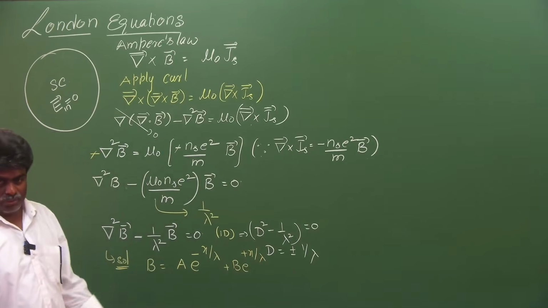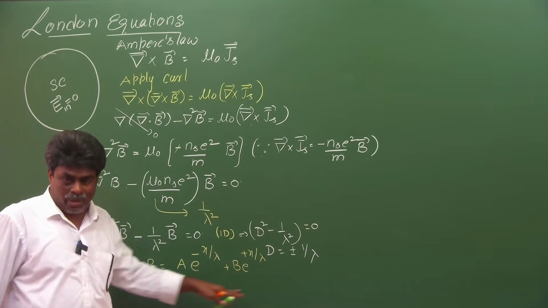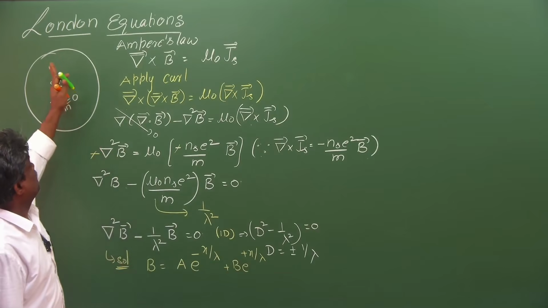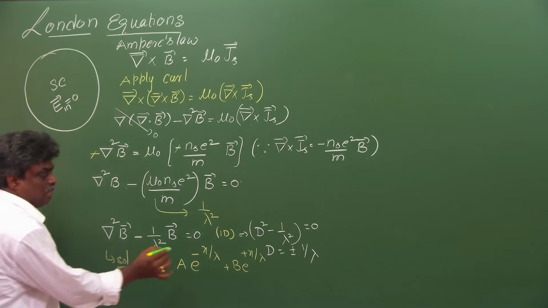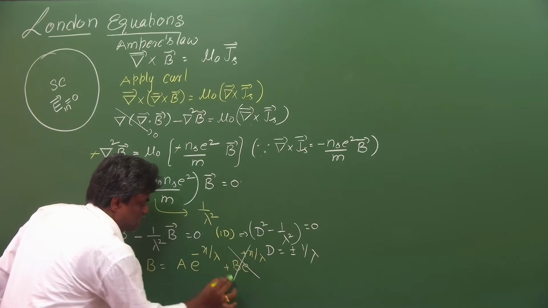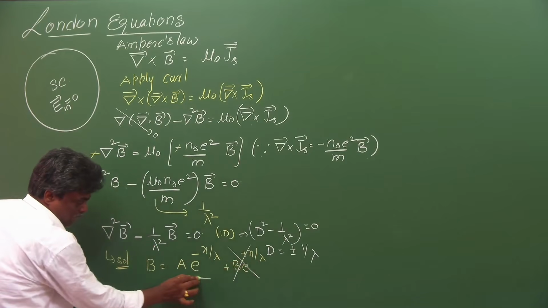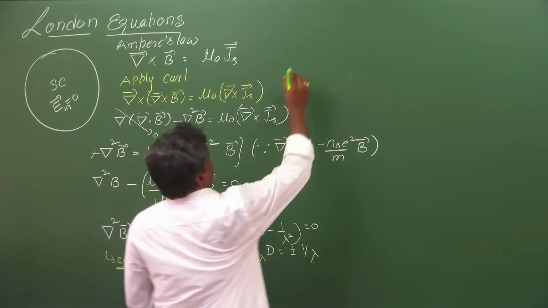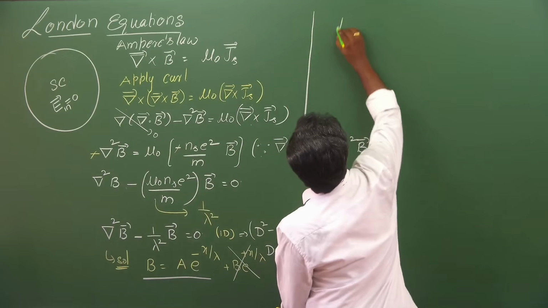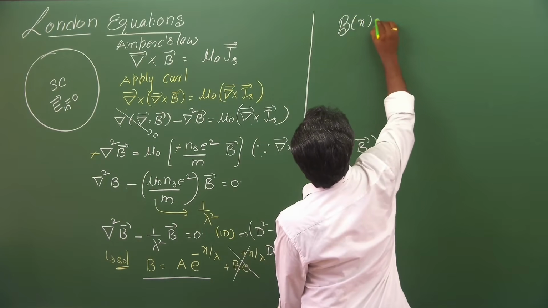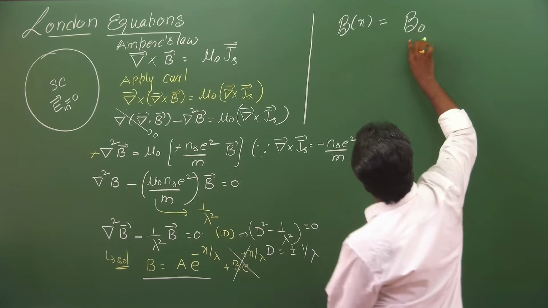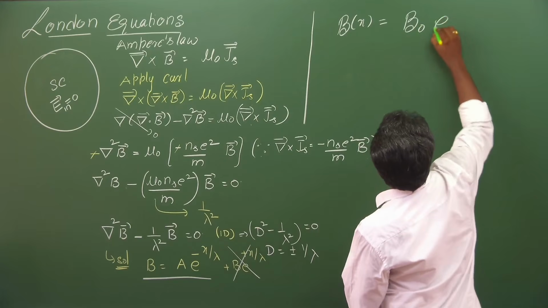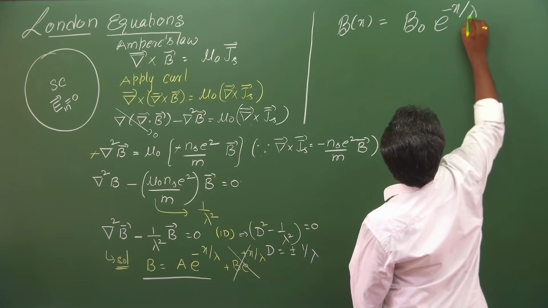This is the general solution we have written. Here we are studying the magnetic field decrease, so the plus x by lambda solution does not exist. So finally B of x, with respect to position, taking some amplitude B naught, equals B naught e raised to minus x by lambda.